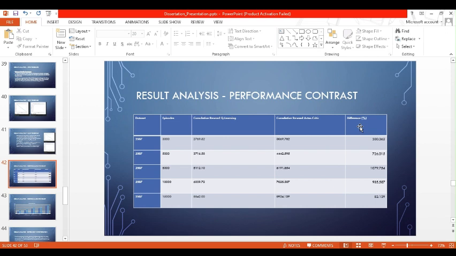But in this presentation, I would just focus on the cumulative reward table and chart, because this is the major part that says this algorithm behaves or does better than the other algorithm.